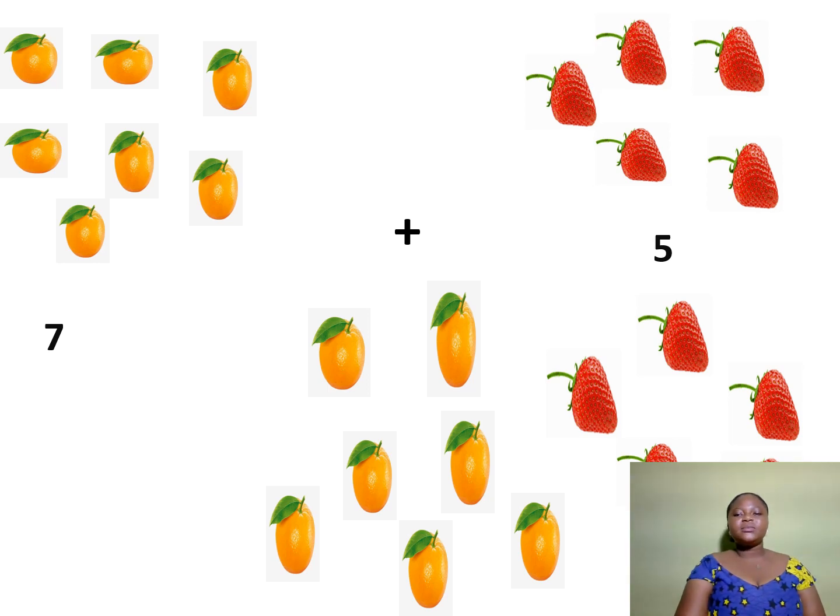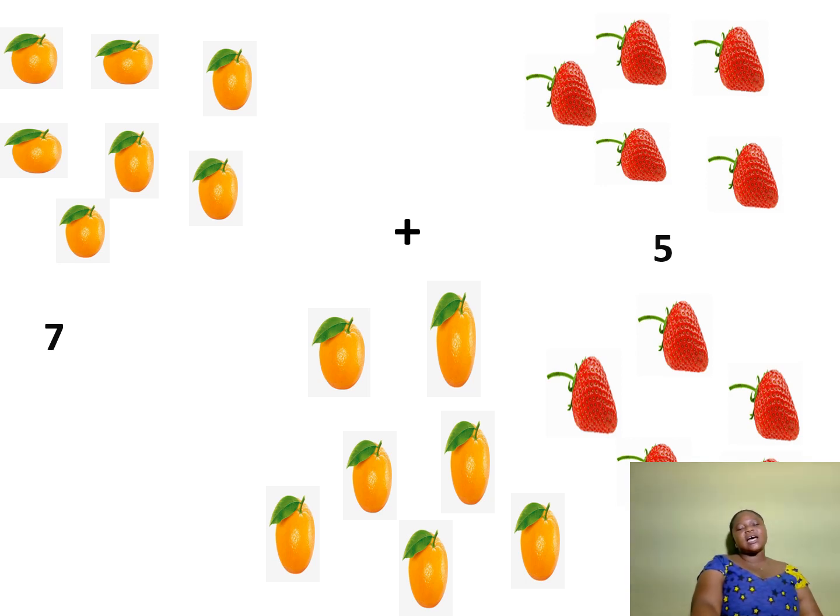Good. Let's count the number of strawberries. Can we count? Okay, 1, 2, 3, 4, and 5. So we have 7 oranges and 5 strawberries. So let's put all together. Let's count. 1, 2, 3, 4, 5, 6, 7.